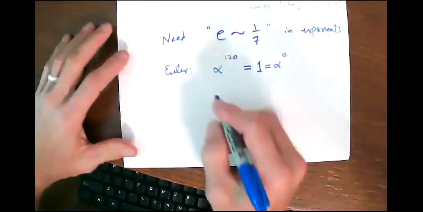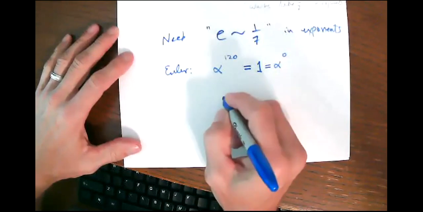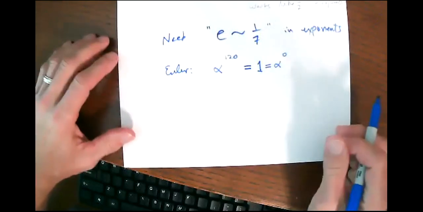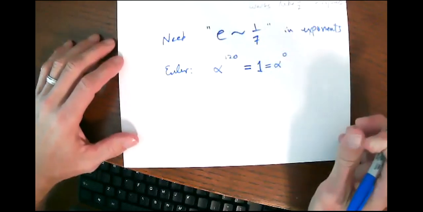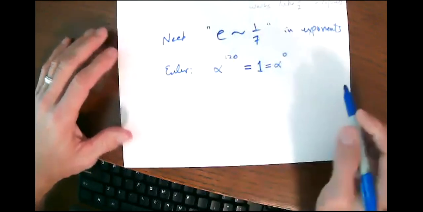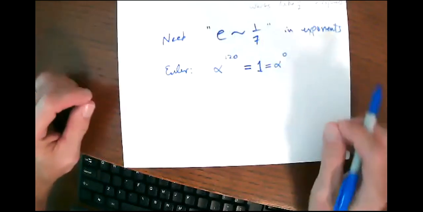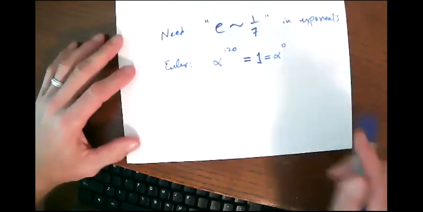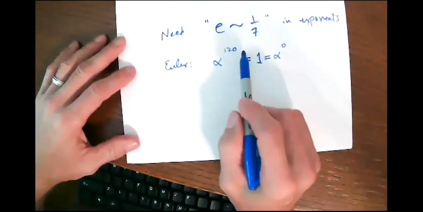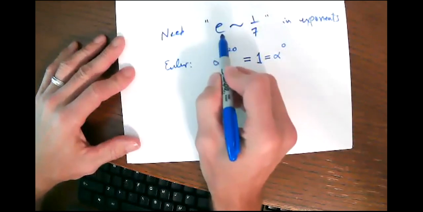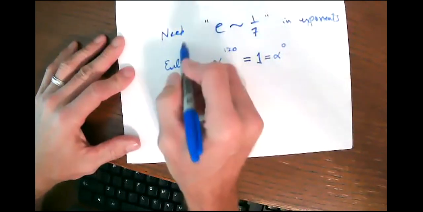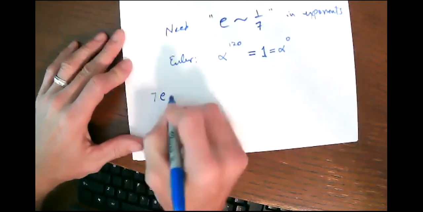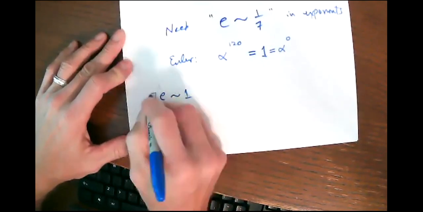So what you want to do is to say, well, I need to figure out something that, let me say it this way. When you say that e needs to behave like a 1/7, in some sense what you're saying is that you need e times 7 to act like a 1 somehow.